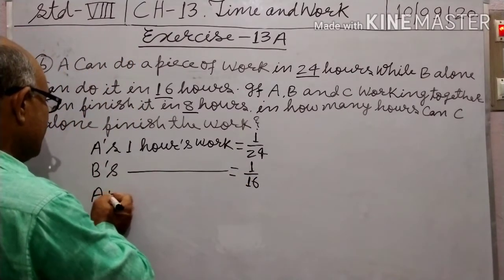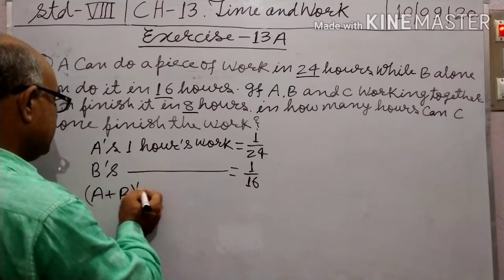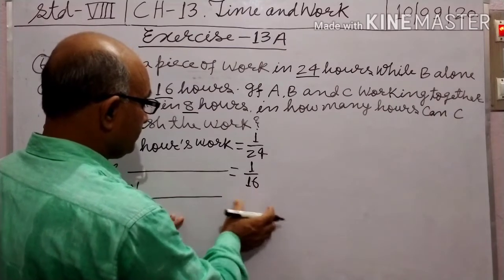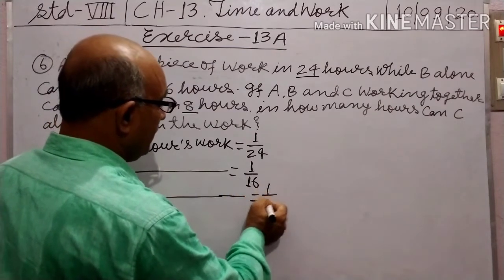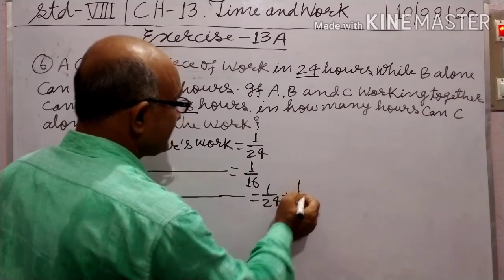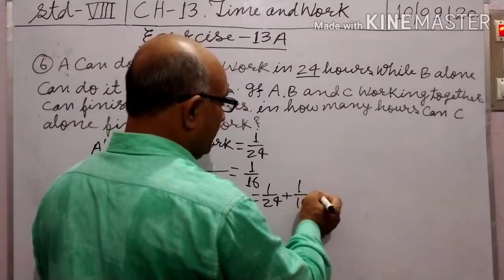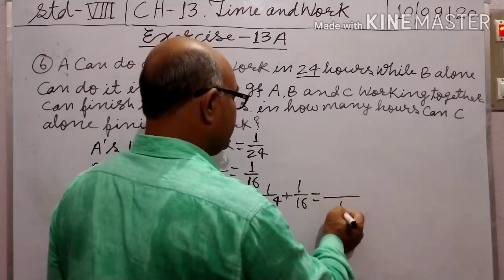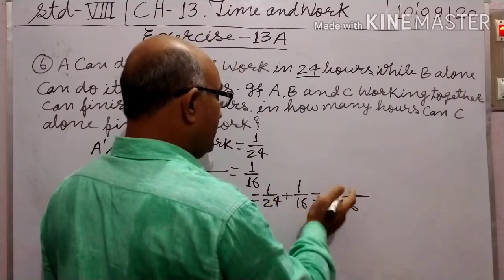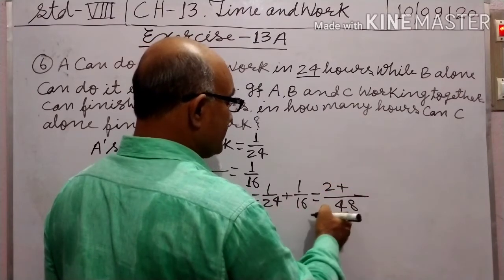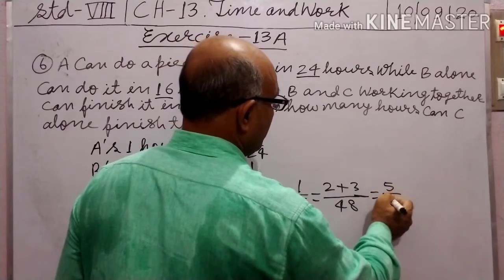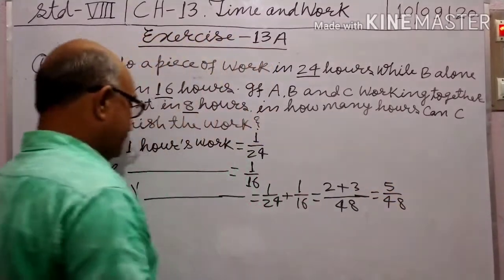So find A plus B's 1 hour's work, equal to 1 by 24 plus 1 by 16. LCM of 24 and 16 is 48. 24 times 2 is 48, so 2, plus 16 times 3 is 48, so 3, equals 5 by 48.